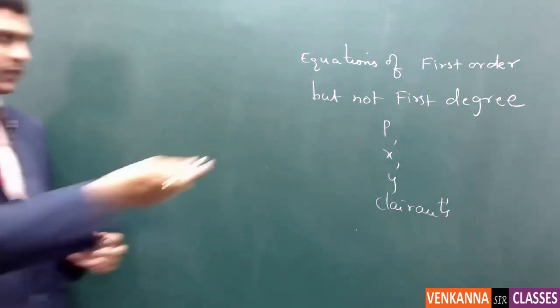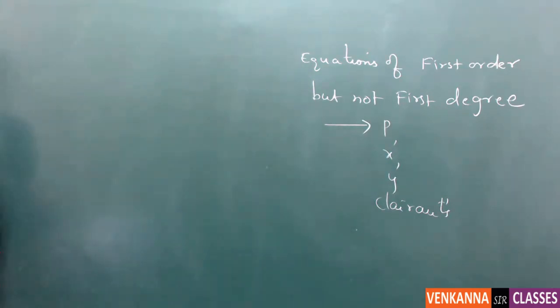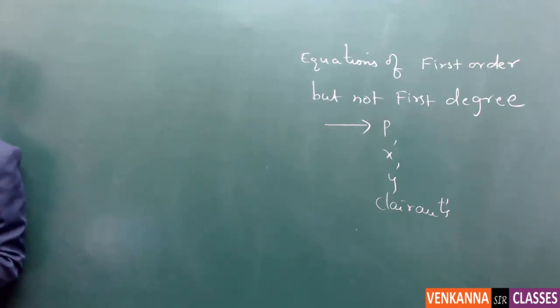So, can you say about equations solvable for P? What is the criteria to check that a given equation is solvable for P? Yeah. So, first of all, it must be of second and higher degree. Later, we are going to factorize that.